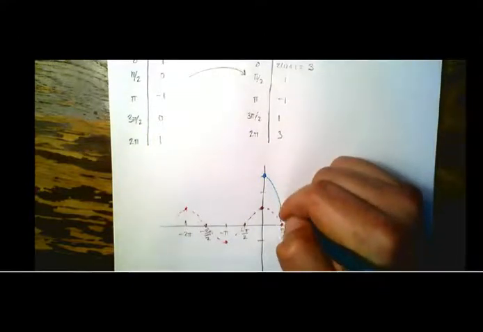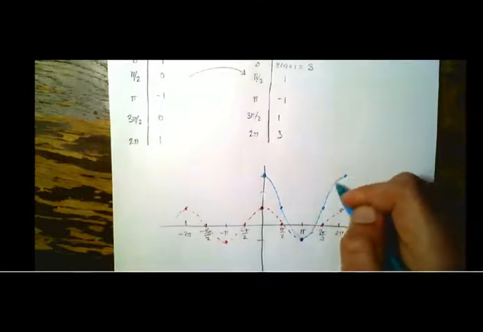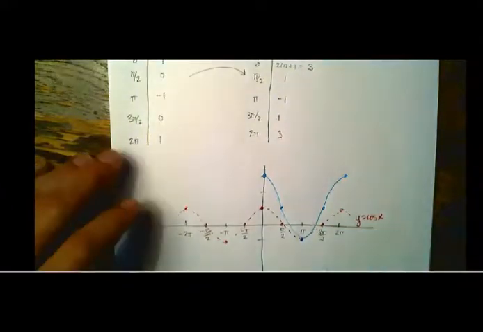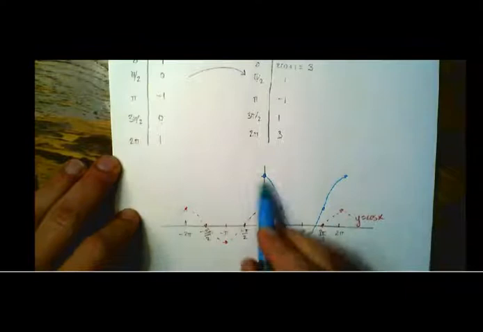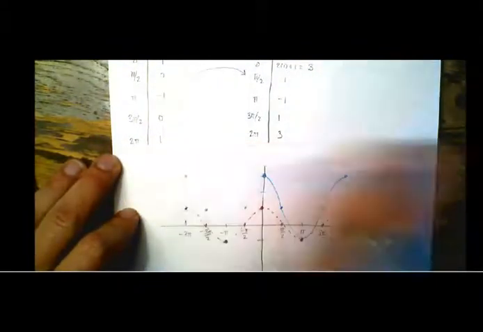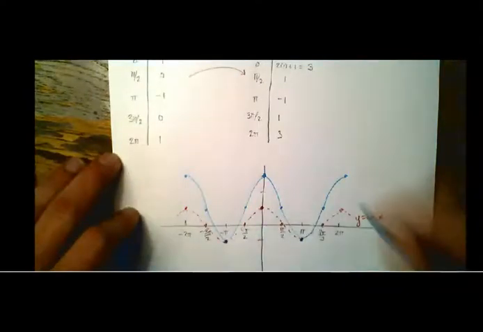So here we have our transformed function. And of course that would continue the pattern in the opposite direction. So here we're back at 1, down to negative 1, up to 1, up to 3. Of course, and that would continue on.